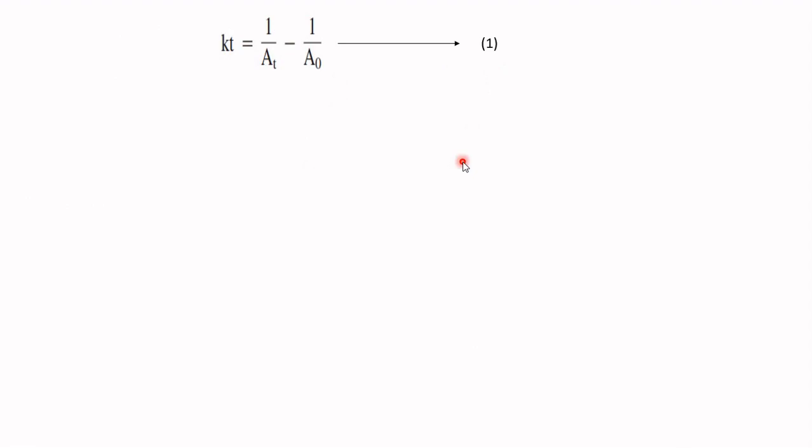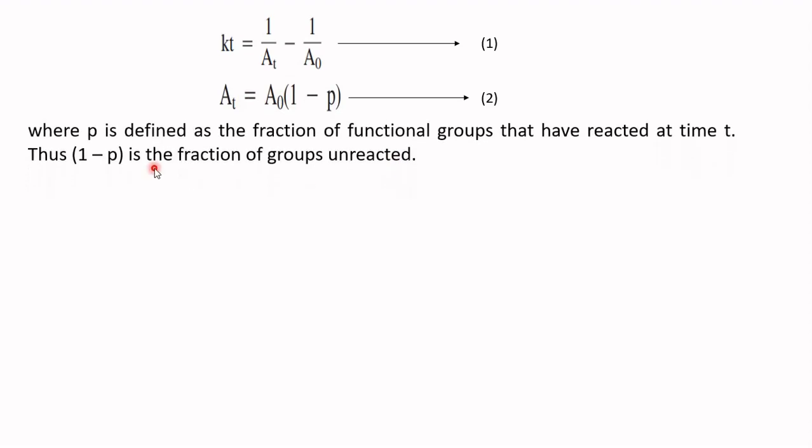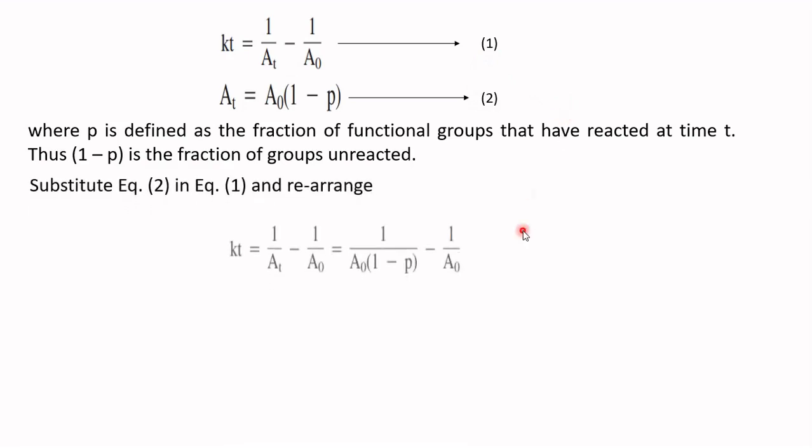Again, it is convenient to express this equation in terms of extent of reaction. So AT is equal to A naught into 1 minus P, where P is defined as the fraction of functional groups that have reacted at time T. Thus 1 minus P is the fraction of groups unreacted. You call it equation number 2, and you substitute equation 2 in equation 1 and rearrange.